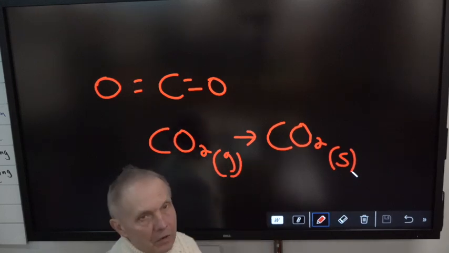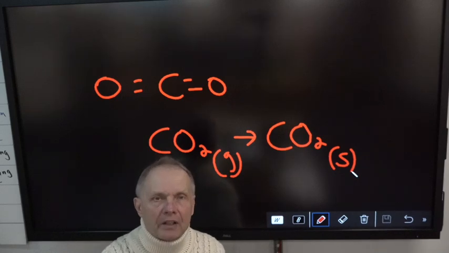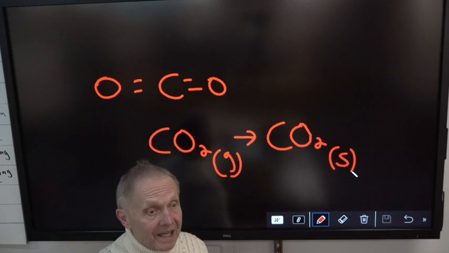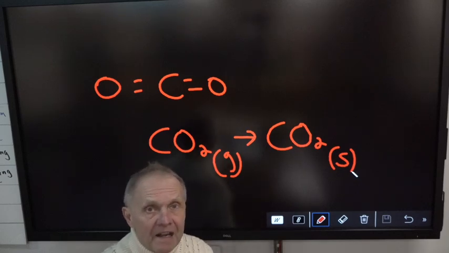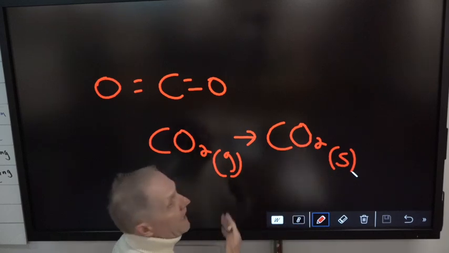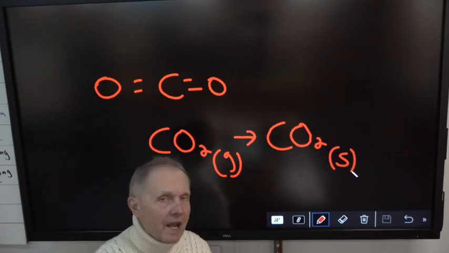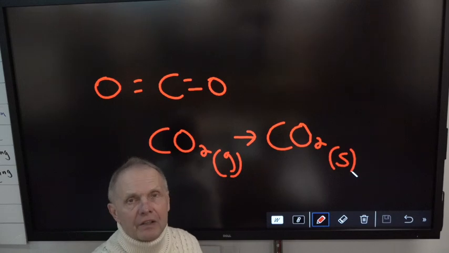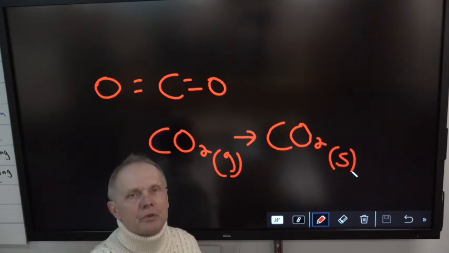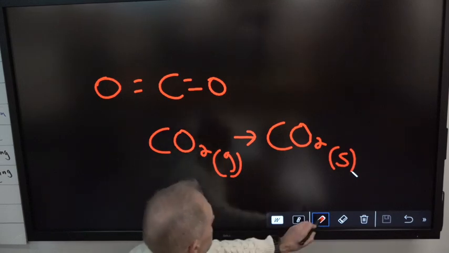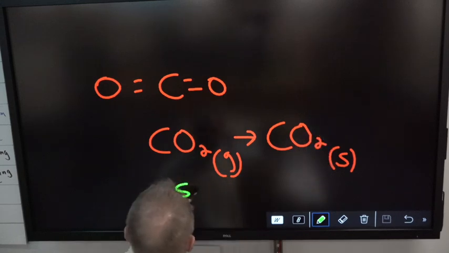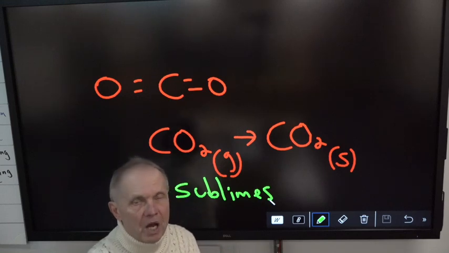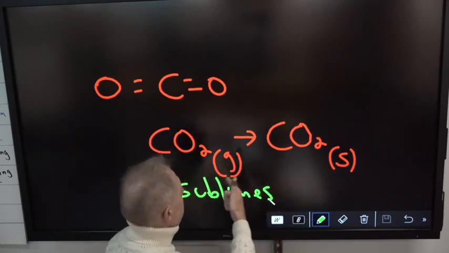And if you put CO2 solid, which is dry ice, in water or anything like that, you know that it doesn't melt. It goes from solid to gas. And it has to be a wickedly weak bond in order to go from solid to gas, and you know that CO2 sublimes. So CO2 sublimes from solid to gas.